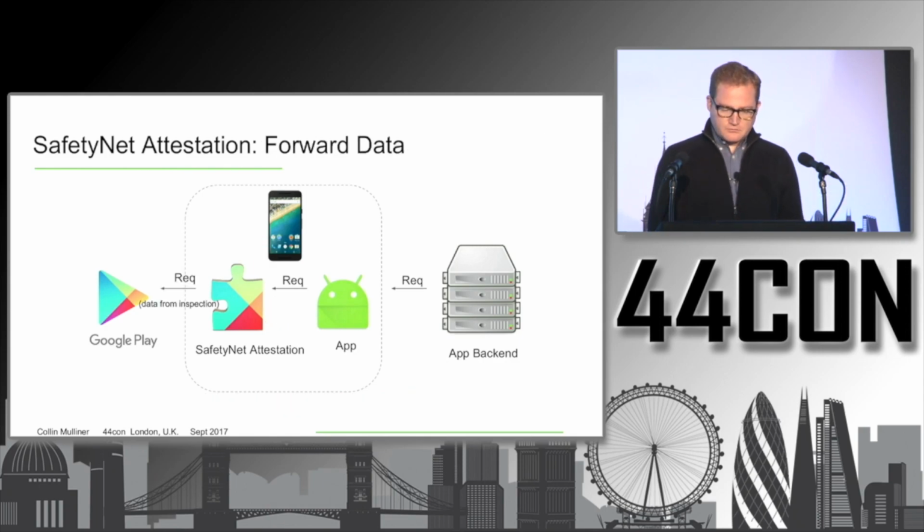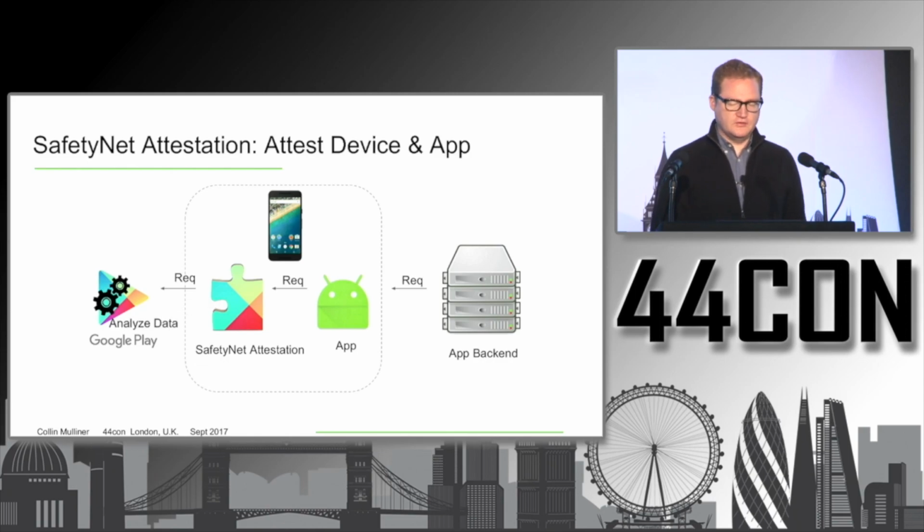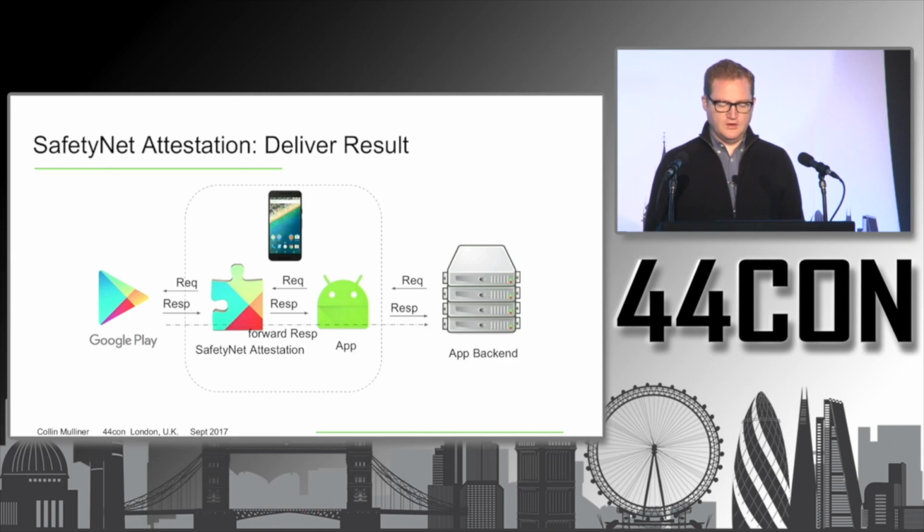So then the SafetyNet Attestation client is finished collecting all the data, and it sends the data back to the Google backend, and they do some number crunching, and they determine the status of your device, and then they forward the data back to the Play Services API client on the phone, and that forwards it to your app, and your app should of course forward it to your own backend.